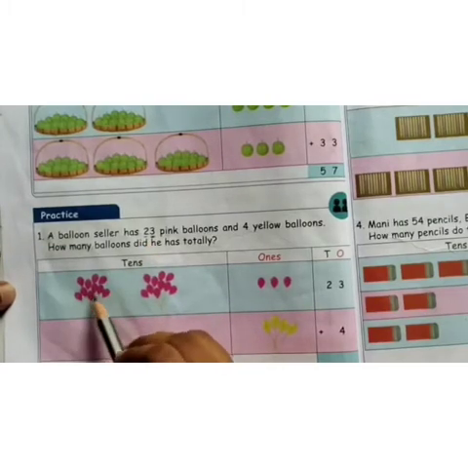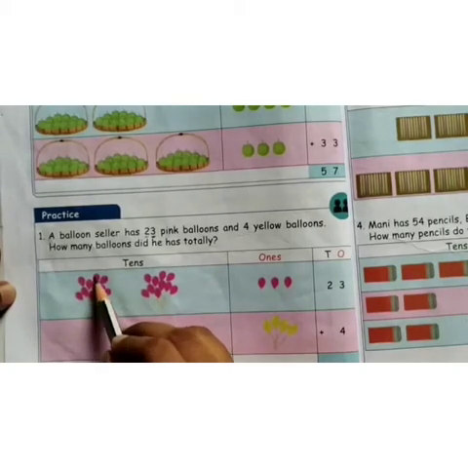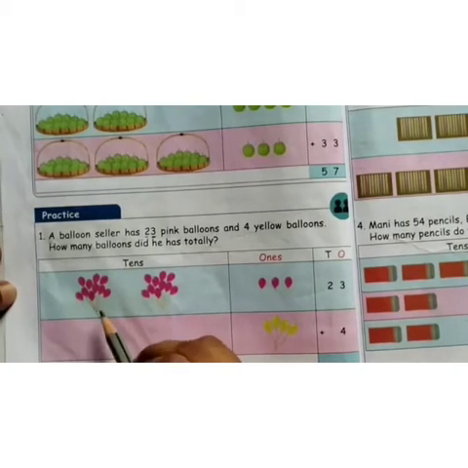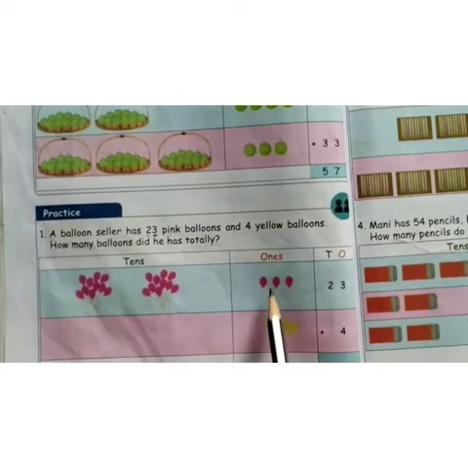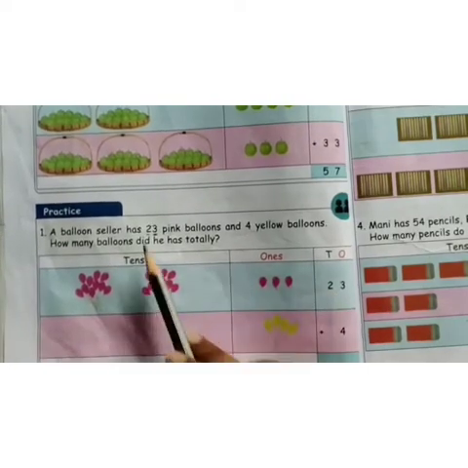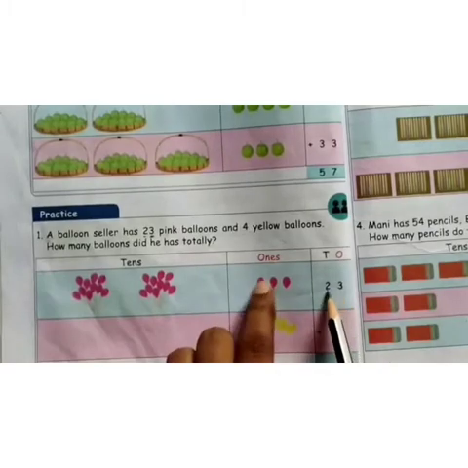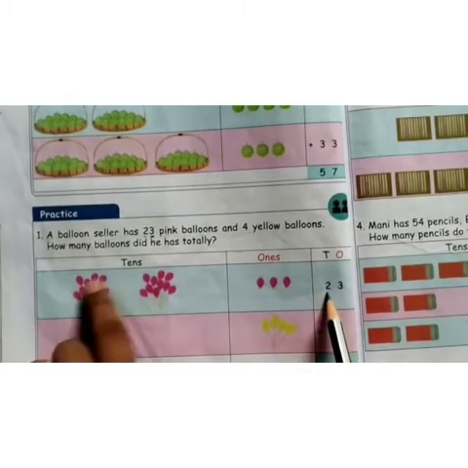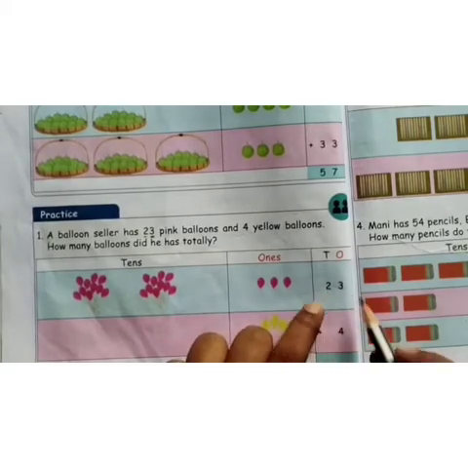So each will be 10 balloons. 1, 2, 3, 4, 5, 6, 7, 8, 9, 10. That is 1 ten, 2 tens. Okay, and here 3 ones. That is 23. Okay, so 2 and 3.